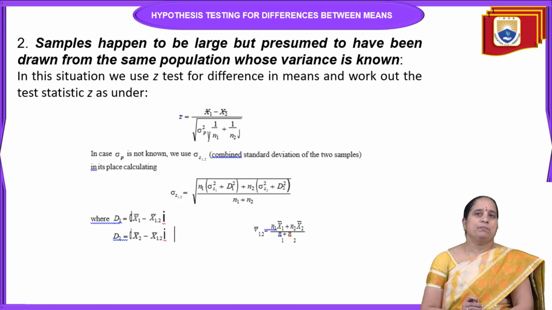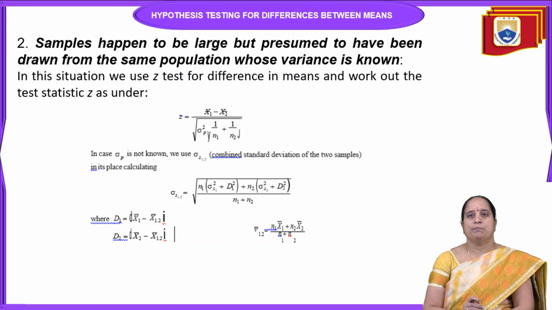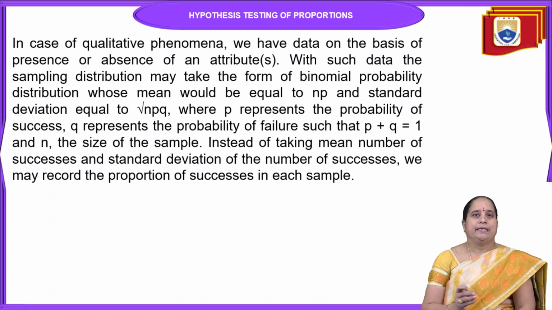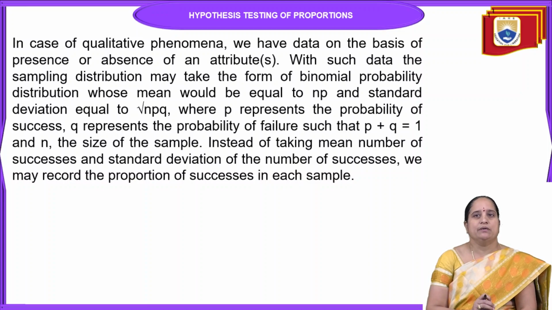And samples happen to be large but presumed to have been drawn from the same population whose variance is known. This is the second situation. So here also we can apply the z-test. In case of qualitative phenomena, we have data on the basis of presence or absence of an attribute.